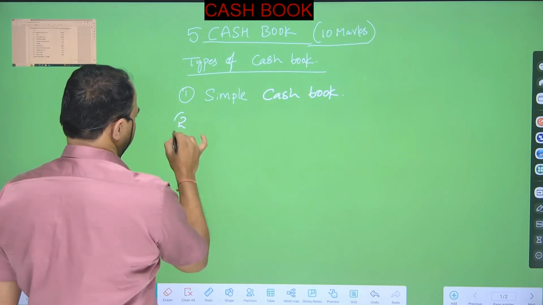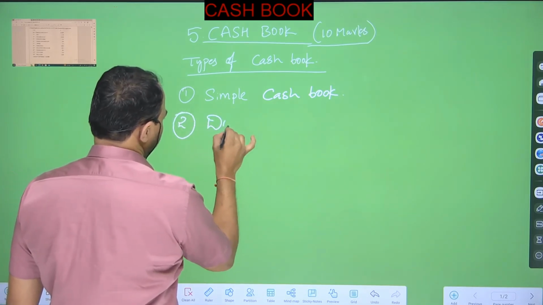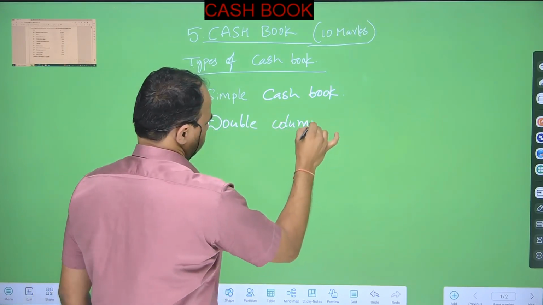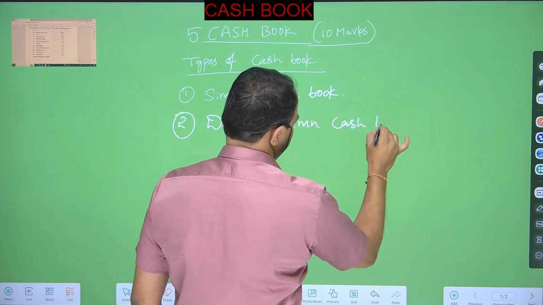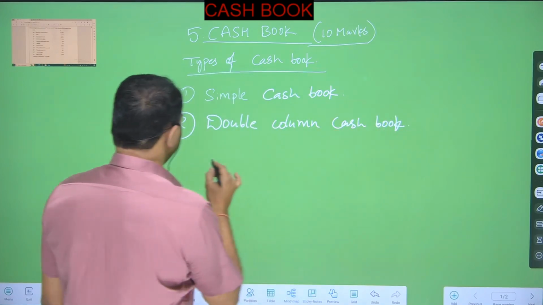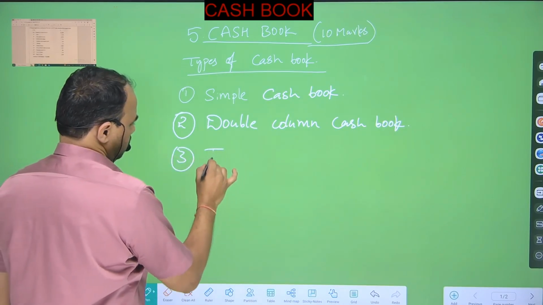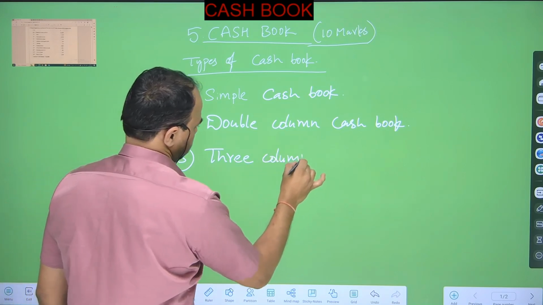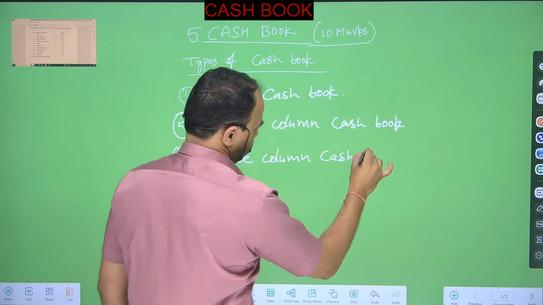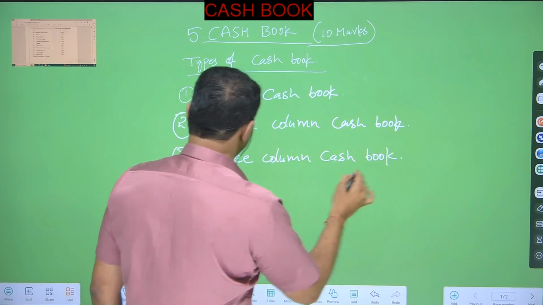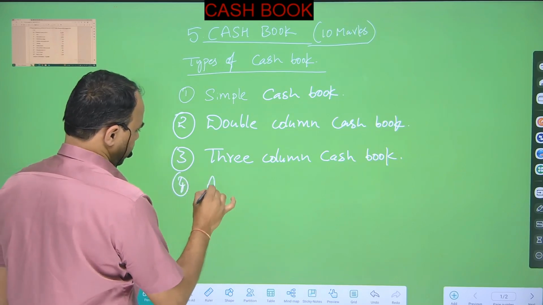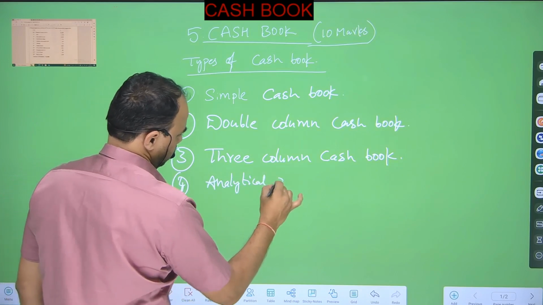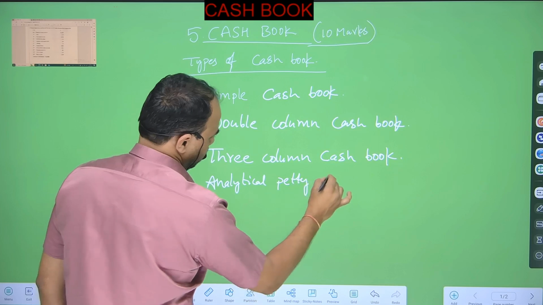Second one, double column cash book. And third one, 3-column cash book. And the fourth one is analytical petty cash book.